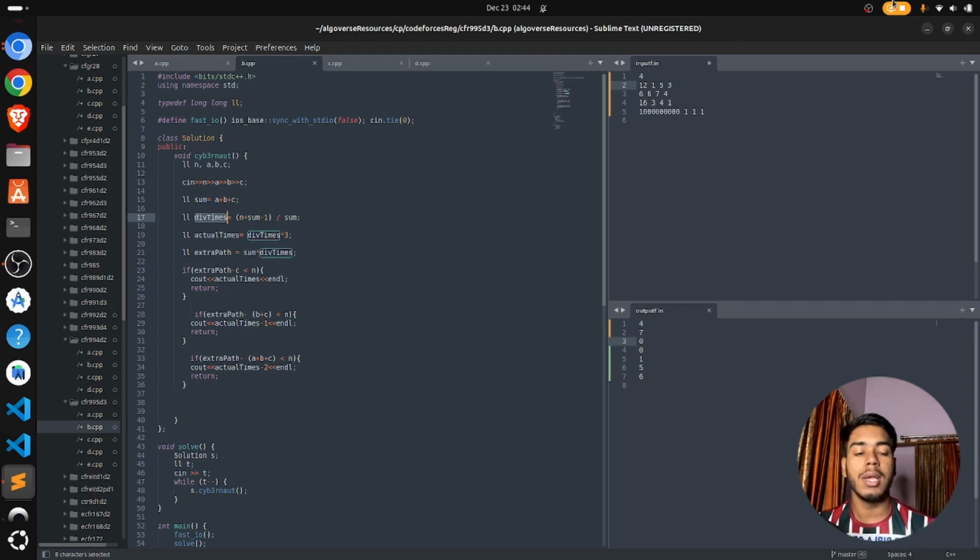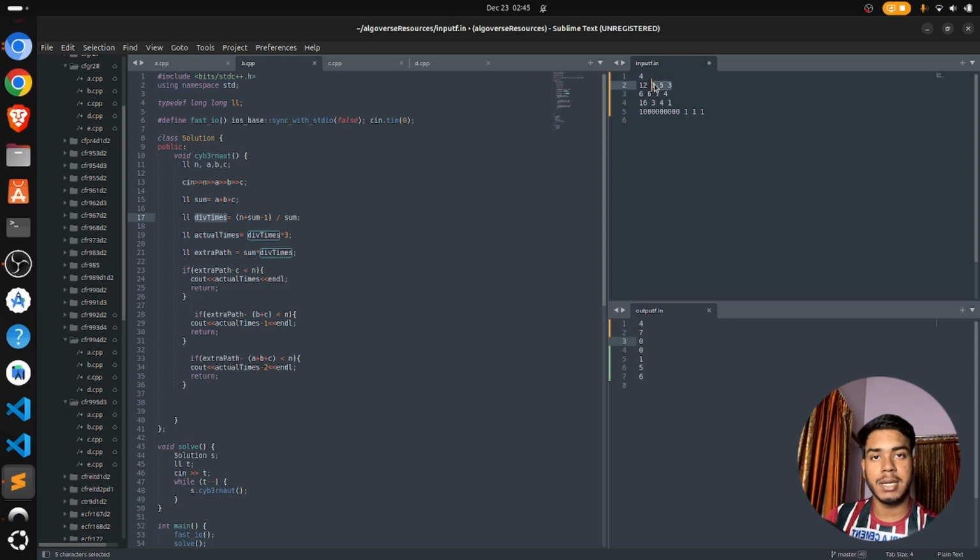Okay, so like here it is 12, but what is your div time? Your div time will be the ceiling value, as I was talking about. So the summation is 9, so 9 plus 9 is 18. So 12 by 9, what is 12 by 9?